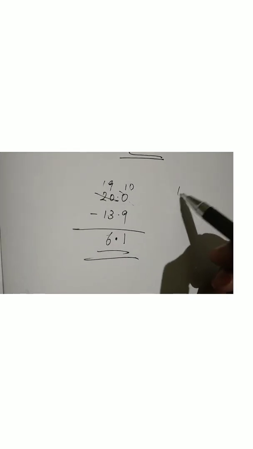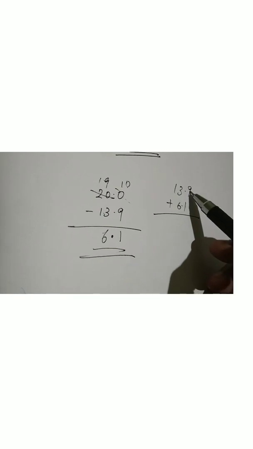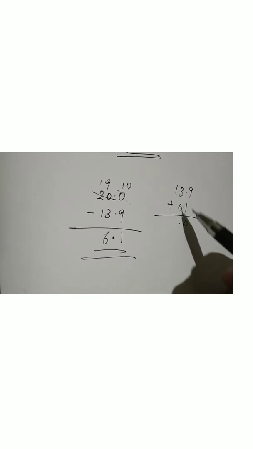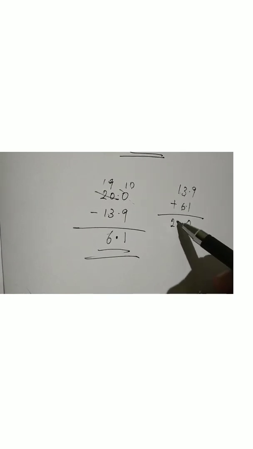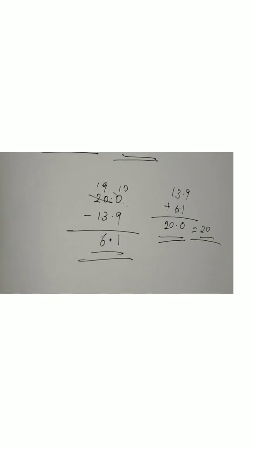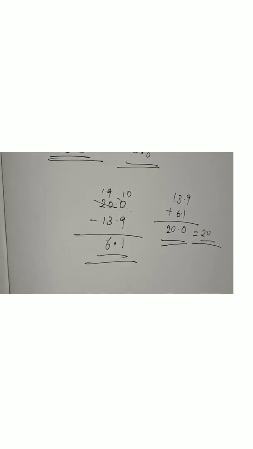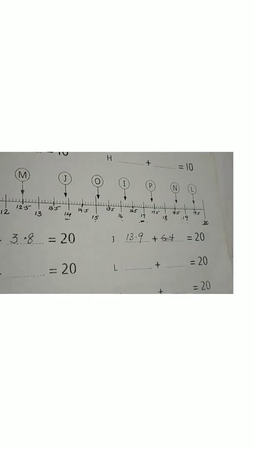We can check 13.9 plus 6.1. 9 plus 1, 0. Then 13 plus 6, 19 plus 1, 20. 20.0 is equal to 20 itself. I think now you got the idea how we can complete this worksheet. Thank you.